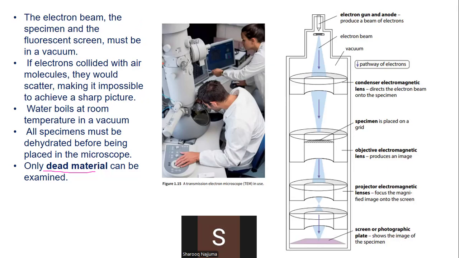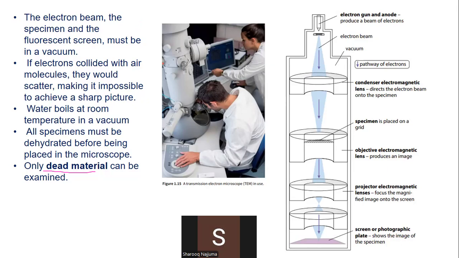An electron microscope uses electromagnetic lenses to focus the electrons. A light microscope uses glass lenses to focus light. An electron microscope uses dead material. A light microscope can use both dead and live material. An electron microscope gives you images in black and white.